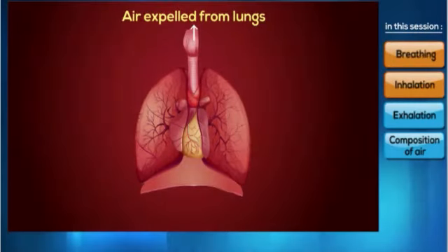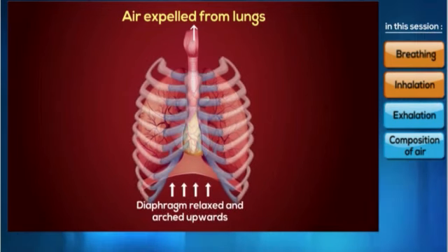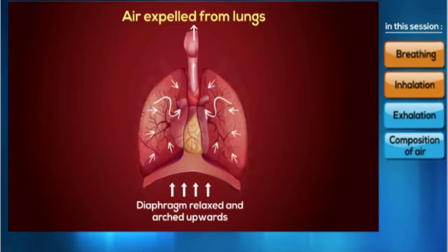And when we exhale, what happens? The reverse process takes place. That means the diaphragm will move upward, taking its dome shape. At the same time, the ribs also move inward. So our lungs decrease in size and the carbon dioxide goes outside.